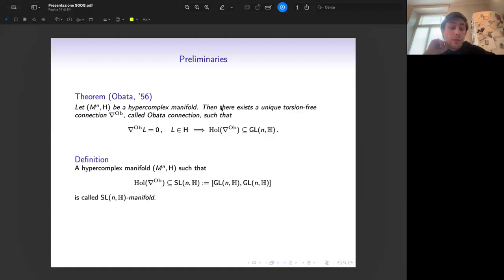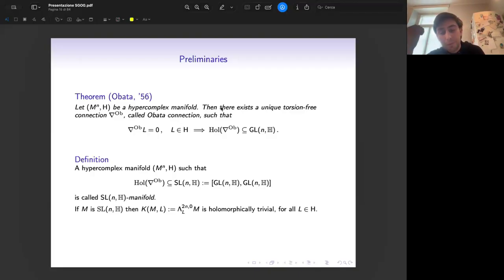And the SL(n,H) condition forces some strong restrictions on the complex geometry of the manifold. Indeed, if we have an SL(n,H) manifold, then automatically all the canonical bundles we can construct out of the hypercomplex structure are holomorphically trivial.